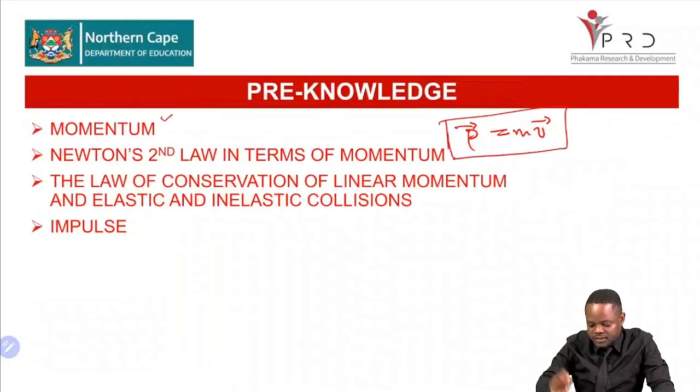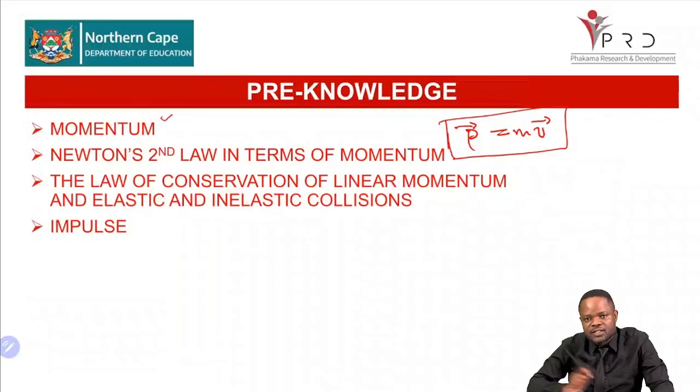Mass is measured in kilograms, velocity in meters per second. Hence, the units of momentum are kg·m/s. Also remember that momentum is a vector. Therefore, in your solutions, you need to take into account the aspect of direction.